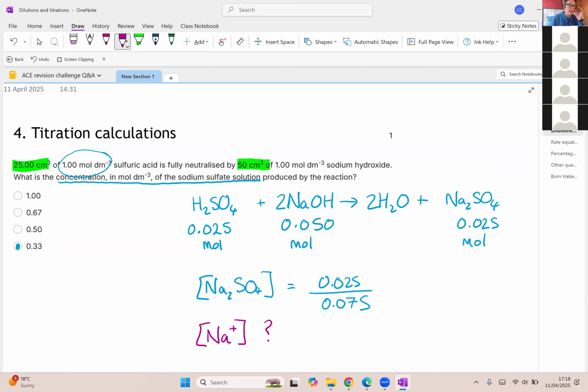Because this is also really useful when you're doing pH calculations. Going from the concentration of a compound to the concentration of an individual ion is a really important skill. Go on, you can put it in the chat, no one will see. You don't need a calculator, I don't think, anyway. There's even one of the answers there as well.